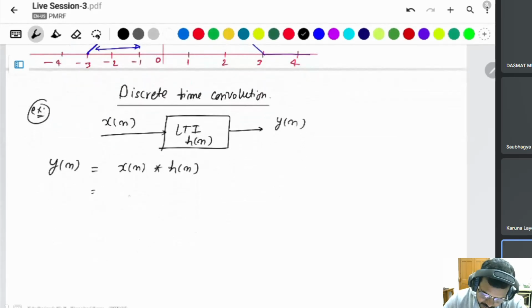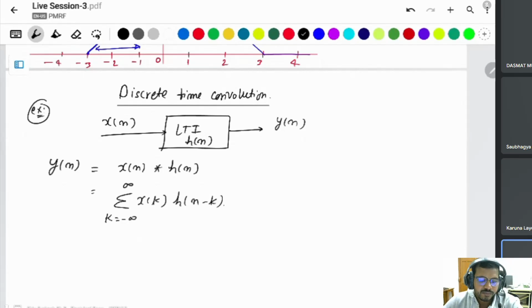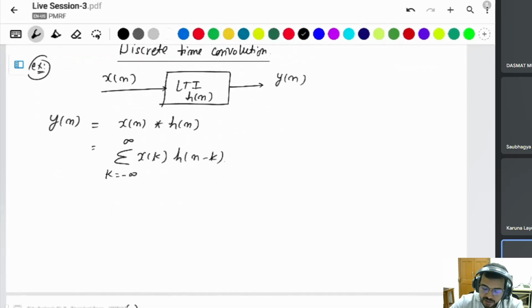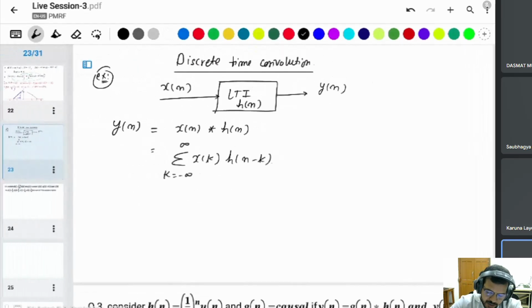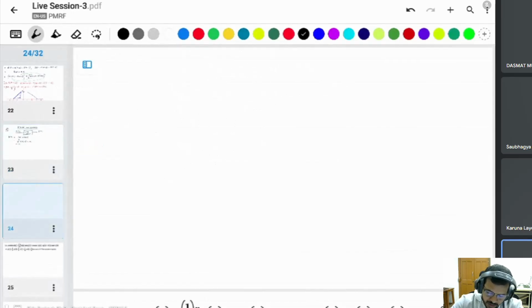For the discrete time, it will be a summation, k is equal to minus infinity to infinity, x[k] into h[n minus k]. The same thing in the continuous signal is integration. Here it is summation.